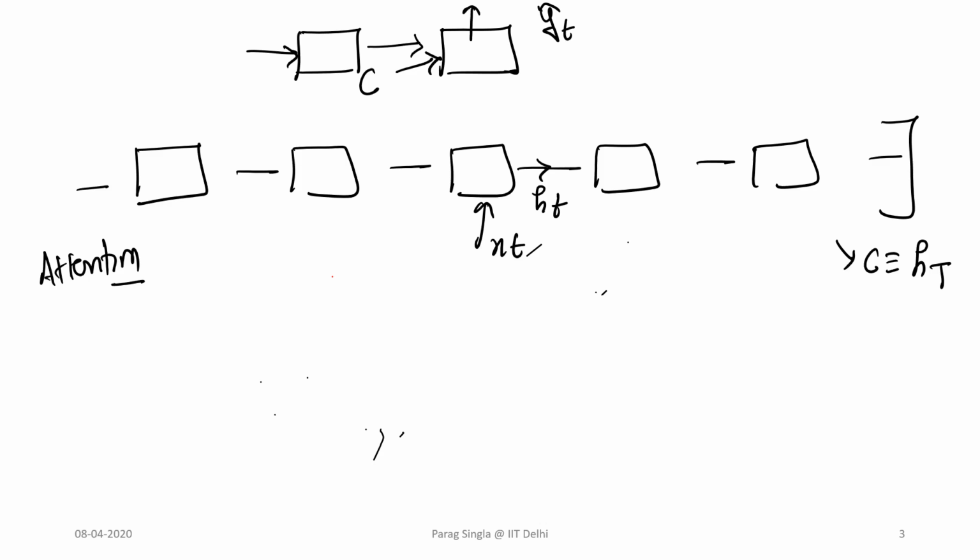Let me denote them by q. So this outputs q t minus 1, and this outputs q t. So these qt's are hidden state representations for the output.